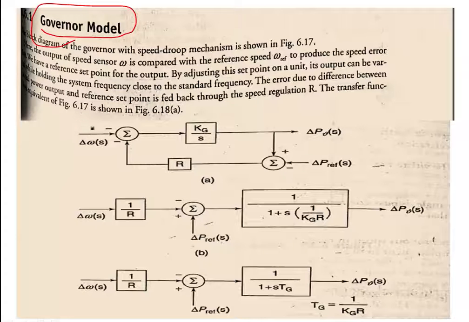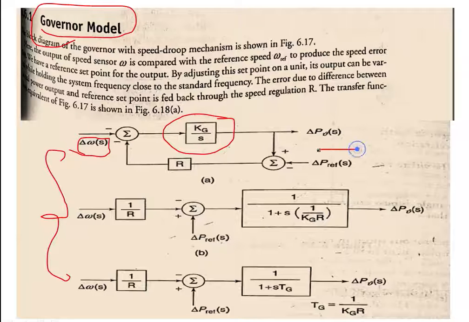In this governor model there are three different block diagrams which are observed here. The first block diagram consists of gain constant of generator Kg by s, and here change in speed delta omega of s, and delta P change in power, that is reference power, and this is the desired power in the system.